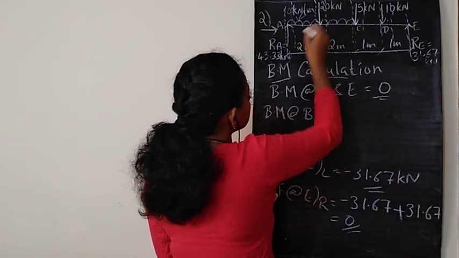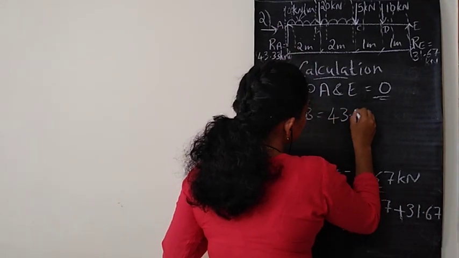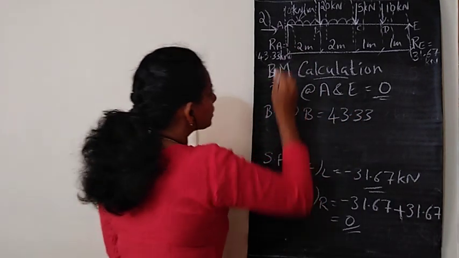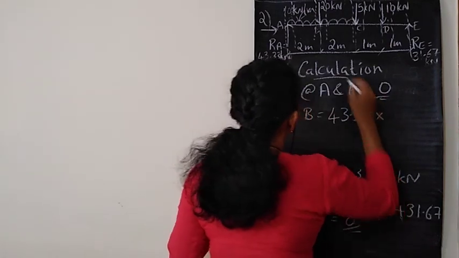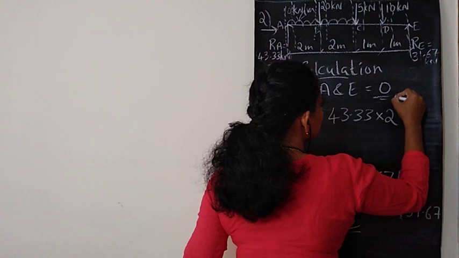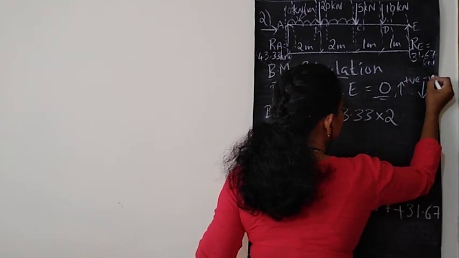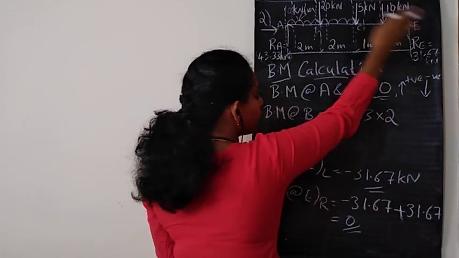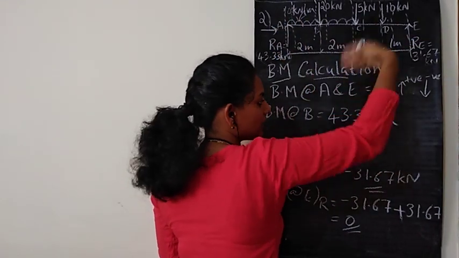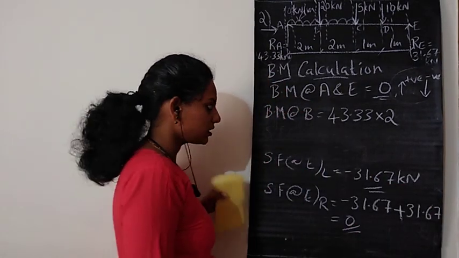At point B, you have this 43.33 force into the distance, moment. So 43.33 up to point B, that is 2 meter. For this case also, upward positive, downward negative, whichever side you come from, this bending moment value upward is always positive, downward always negative.